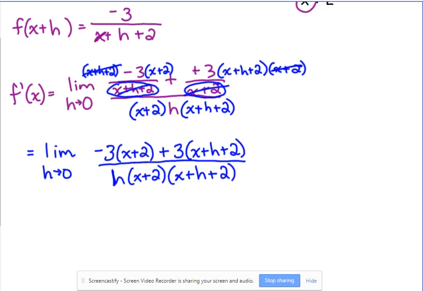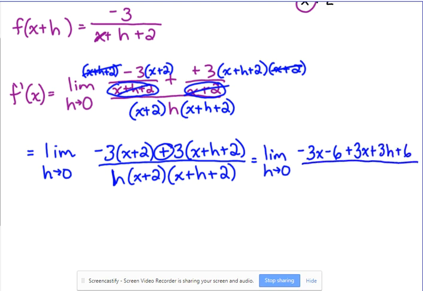But in the numerator, because of this plus right here, we do need to distribute so that we can combine like terms, because we can't cancel anything right now because of that plus. So let's distribute the -3 and +3 there in the numerator. So we've got -3x minus 6 plus 3x plus 3h plus 6 all over h times x plus 2 times x plus h plus 2.